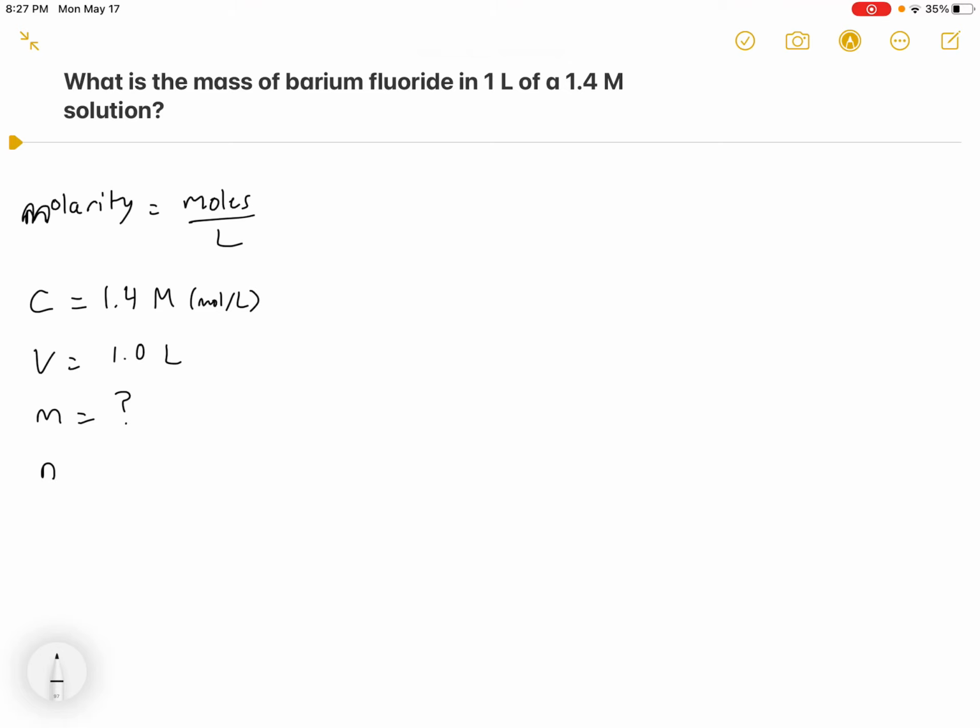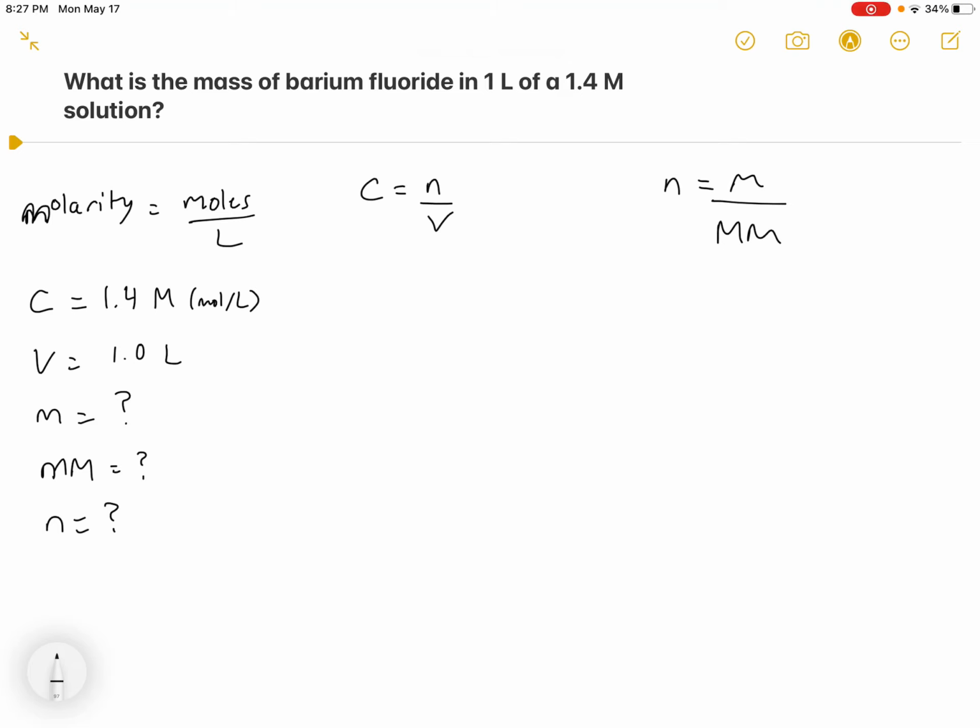We'll need to figure out the molar mass of barium fluoride, and we also will need to determine moles. So the equations we're going to need are C equals n over V and n equals m over MM.